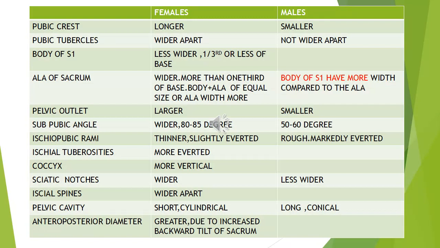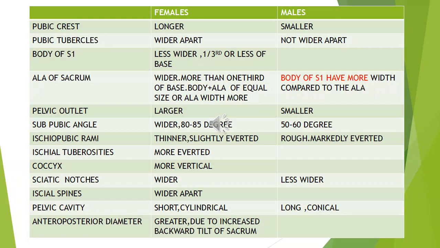The pubic crest is longer in the case of female, so the pubic tubercles will also be wider apart. The next is regarding the body of the first sacral vertebra. It is less wide compared to that of male.